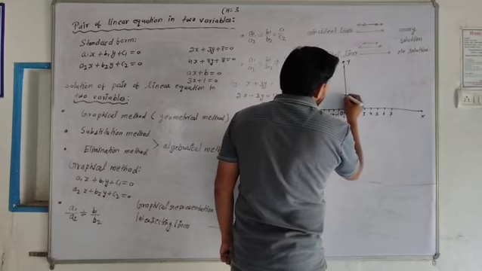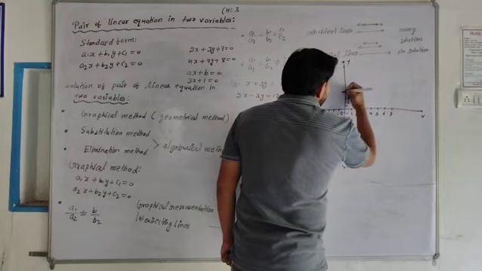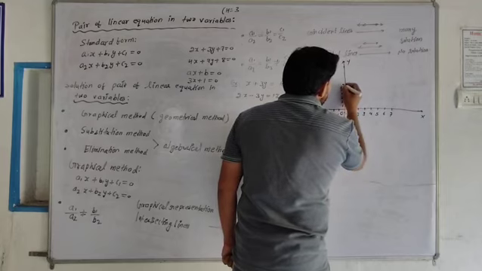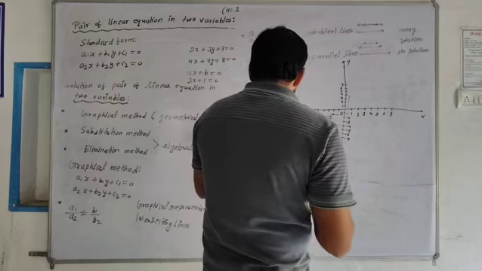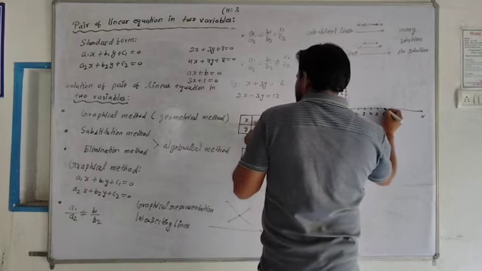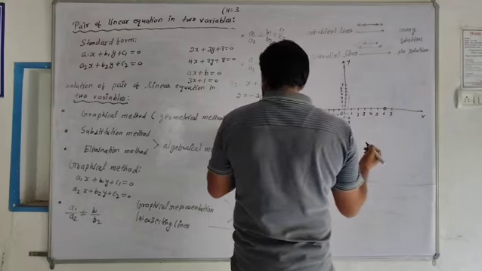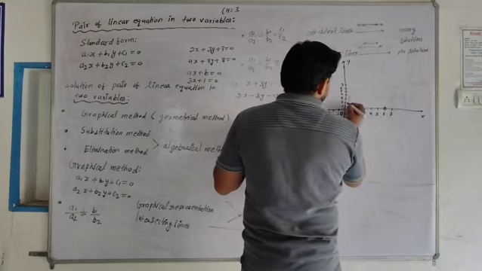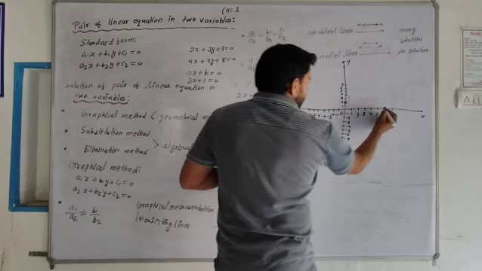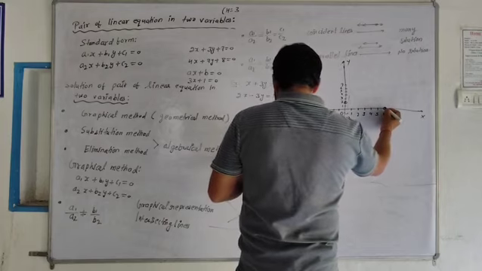Similarly for the other axis. Now putting the whole values of the given box. Here x is equal to 6 and y is equal to 0, then we get a point here. Now x is equal to 0, y equal to 2, another point is here. Another value is x equal to 6, y equal to 0, again we get another point here, and x = 0, y = -4.